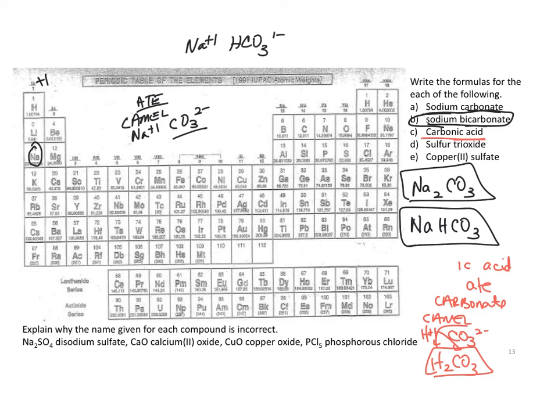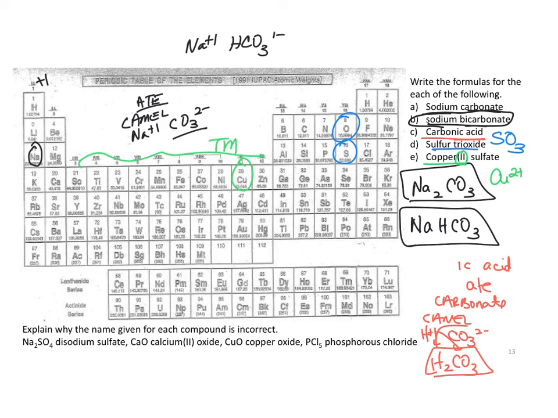Sulfur trioxide. Sulfur's here, trioxide. This is a nonmetal with a nonmetal, so we don't have to do charges. So it's S, what does tri mean? 3, so SO3. And then we have copper 2. Now we're looking at a transition metal, and we get the charge here, Cu2 plus, the Roman numeral.